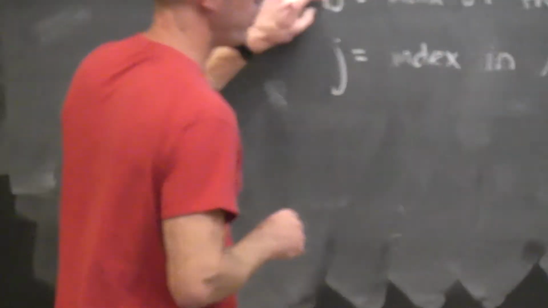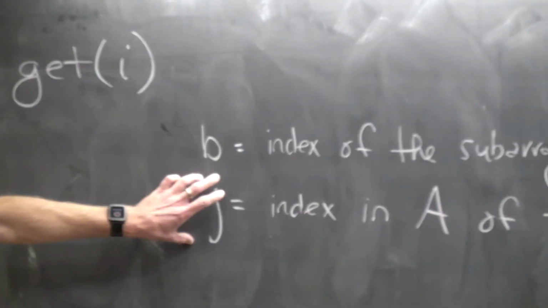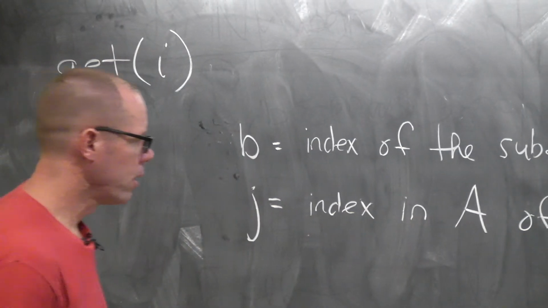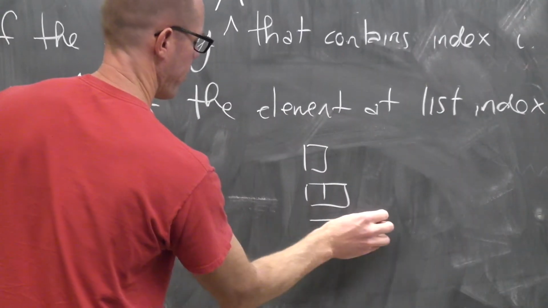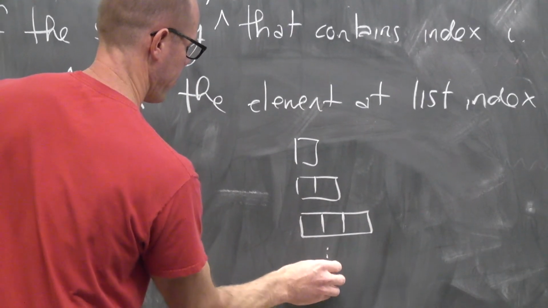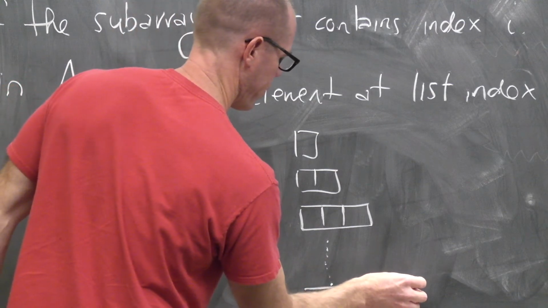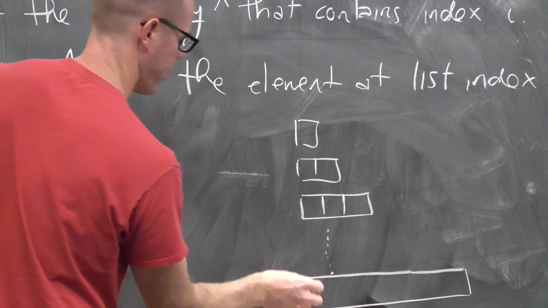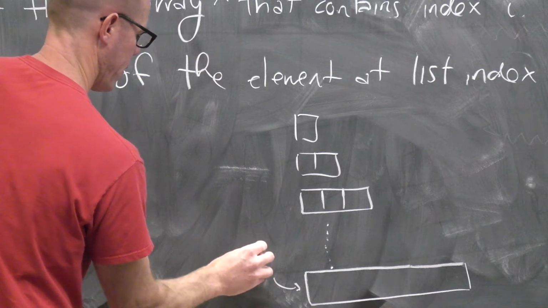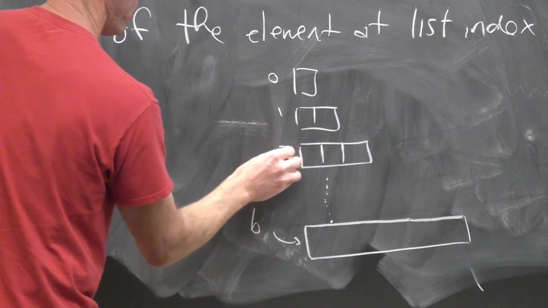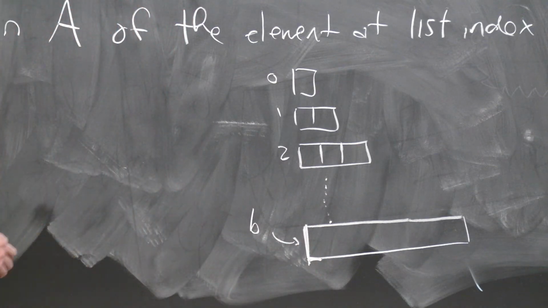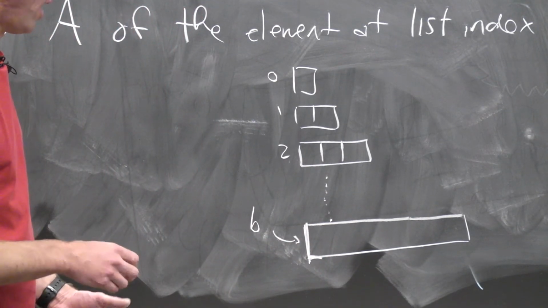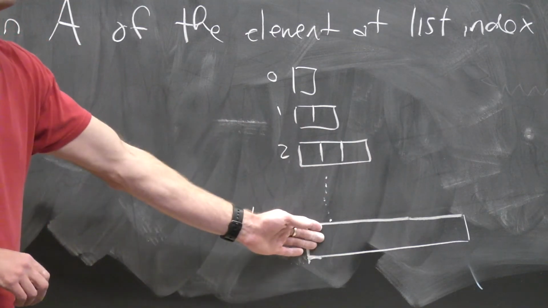Let's start first pretending we know B, and see if we can figure out this index J. Okay, so we know B. So this is B. And someone is telling me that the element at list index I is somewhere in this subarray.